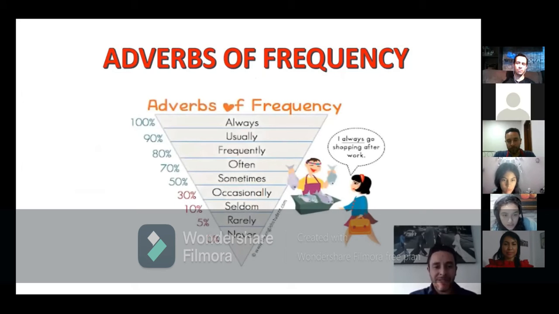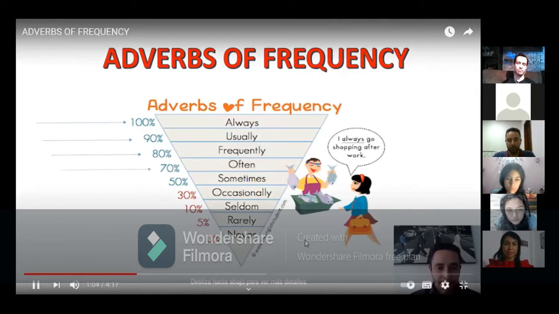In this picture describes what kind of percent has each adverb frequency. So we have here the first one with the 100% that is always. It means that you do an activity always, okay? And it means that it is the 100%. We have use 80%.